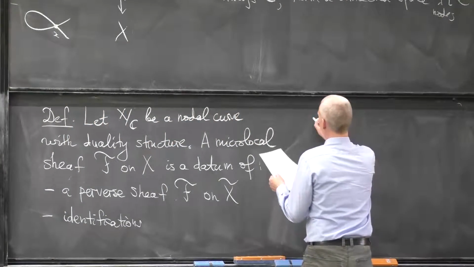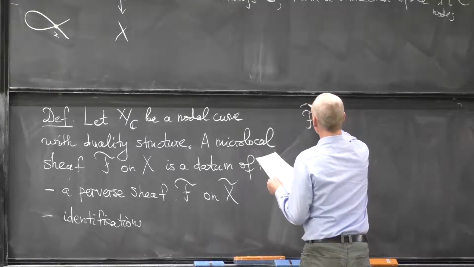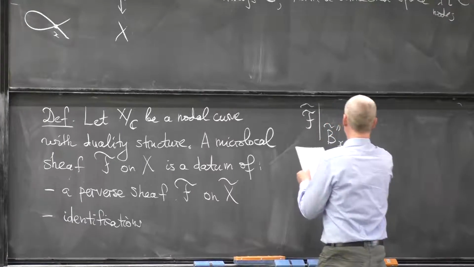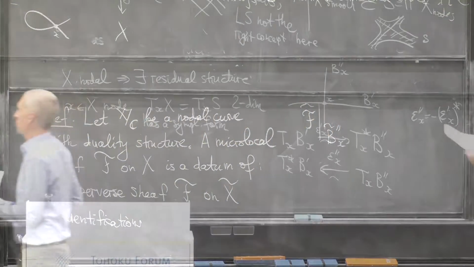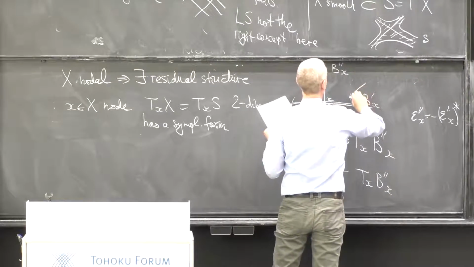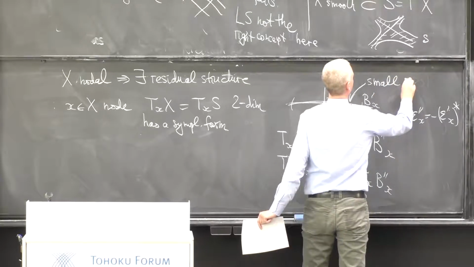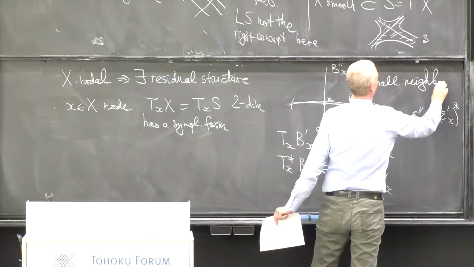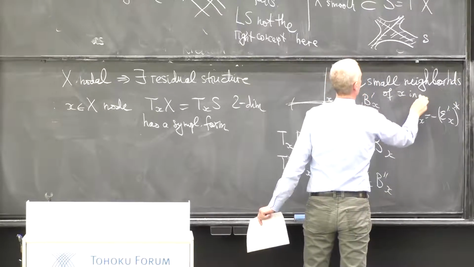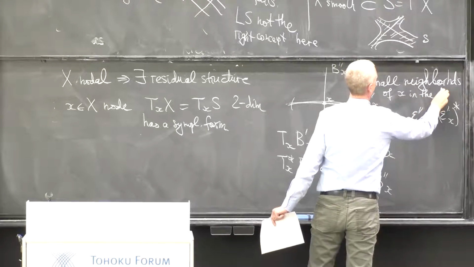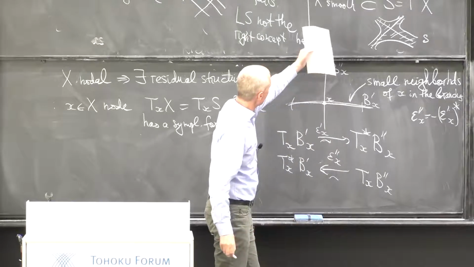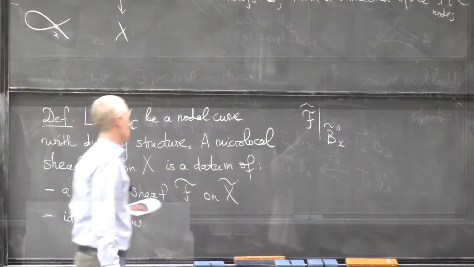Let me write like this. I write F tilde. I restrict to B tilde second X. So this is the part, this is the branch, so it's a small branch, small name. X in the branches. So in the desingularization, they become two disjoint disks.